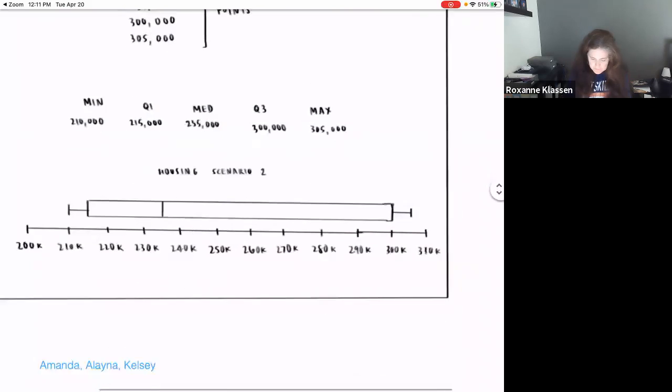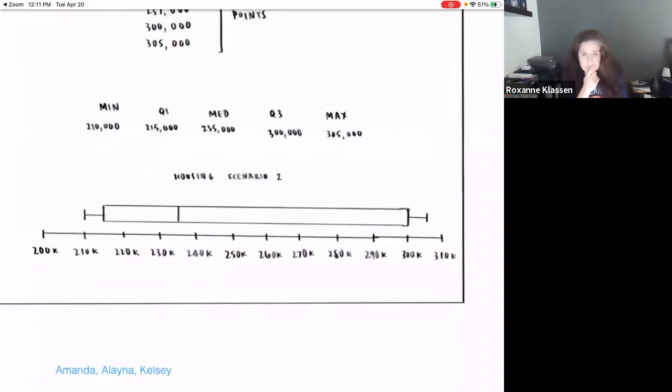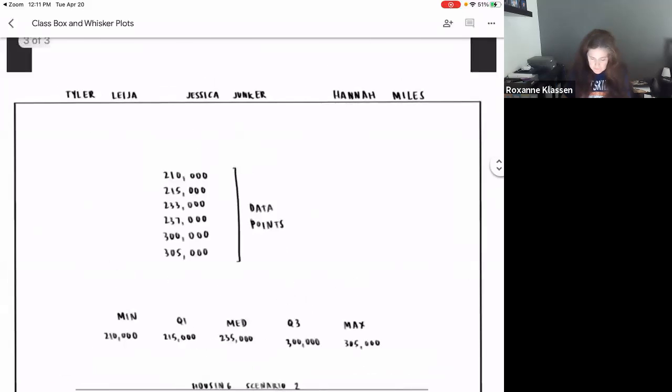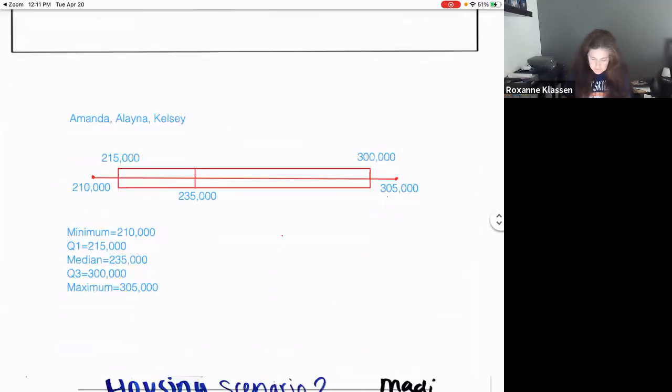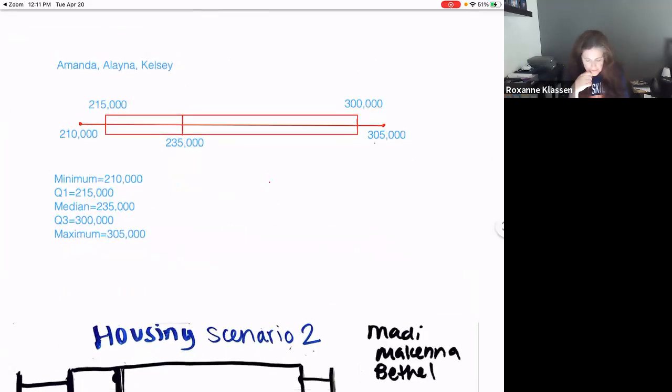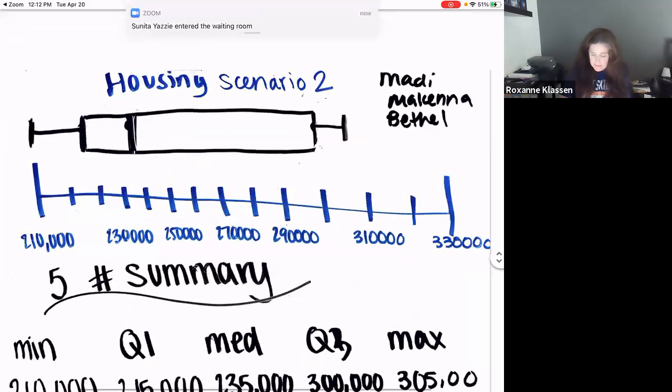Okay, here's another one. This was Tyler's, Jessica's, and Hannah's. Here's Amanda's, Elena's, and Kelsey's. Here's Maddie's, McKenna's, and Bethel's.